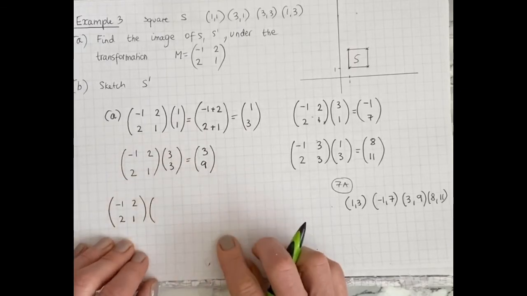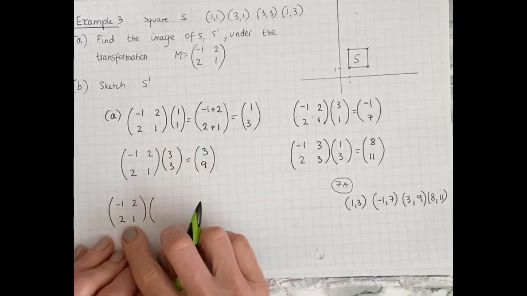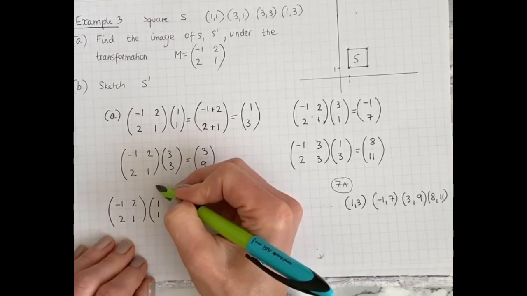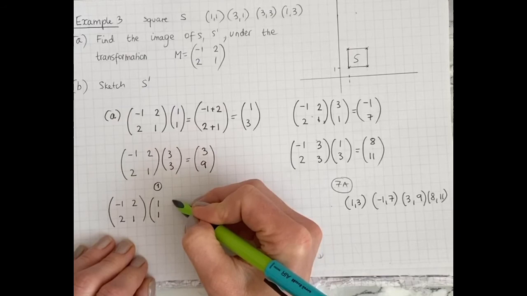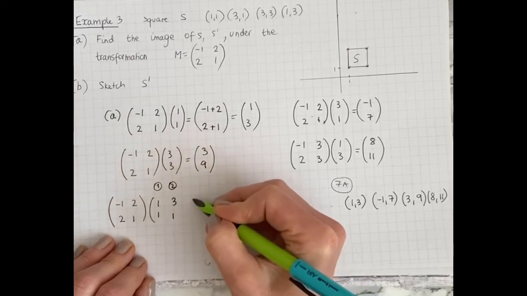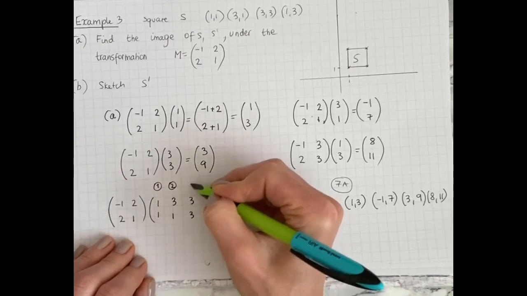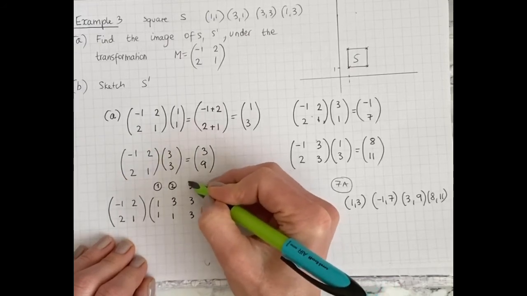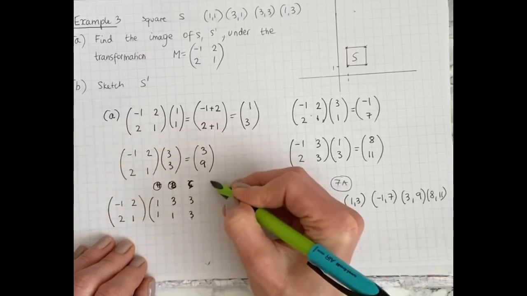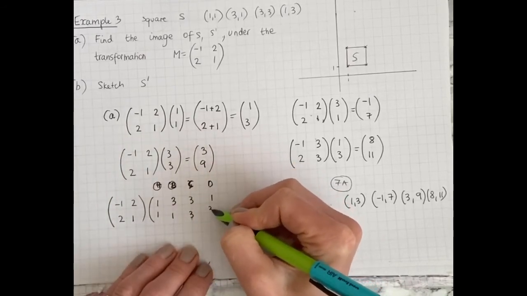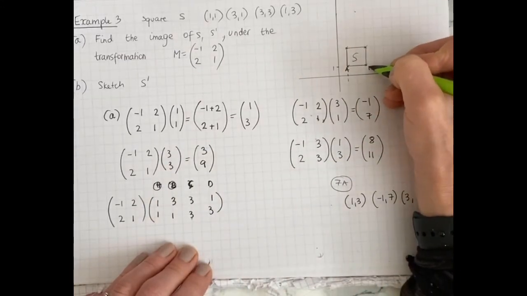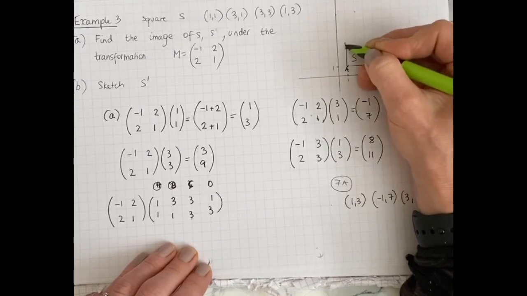What you may want to do is, when you multiply that matrix by each point, you could say this is point 1, you could do it all in one go. That's going to be point 2. That's point 3. Let's actually call them A, B, C, and then D is going to be 1, 3. So I call that one A, that's B, that's C, and that's D.